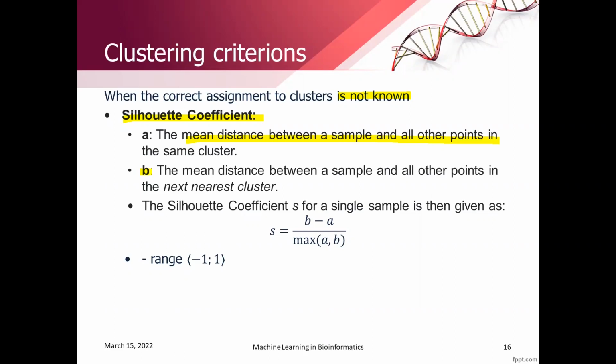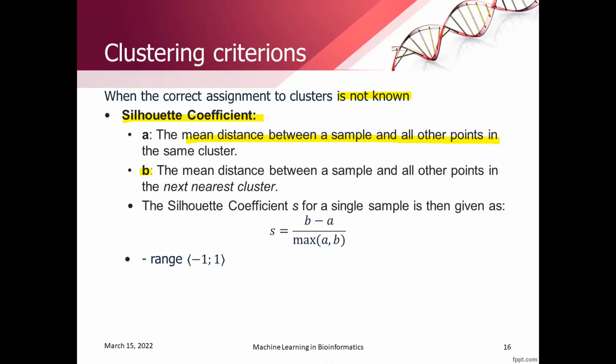So the idea is that such distance should be as high as possible, and the mean distance within the cluster should be small, because they are close, they should be close together.